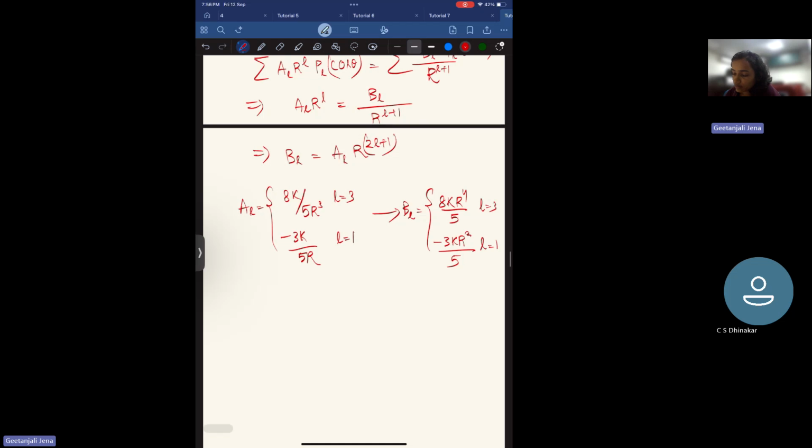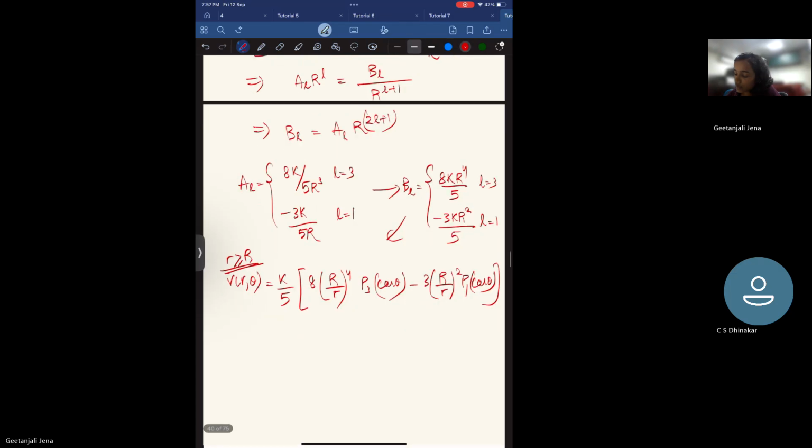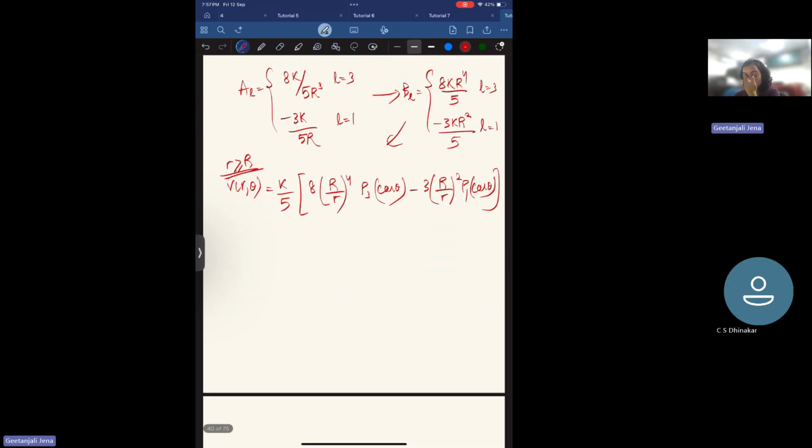So just put the value of B_L to find V(r,θ) for the outside. I'm writing the final expression that you should get: K by 5, 8 R^4 by r^4, 8 cos θ minus 3 R^2 by r^2 P1. Okay, so this is all about the potential.